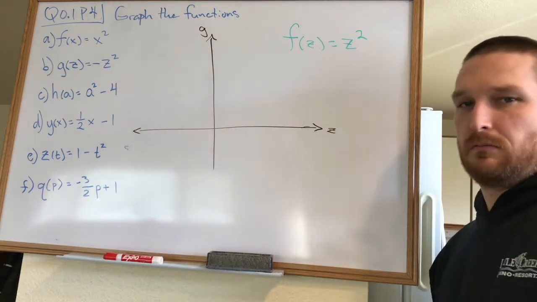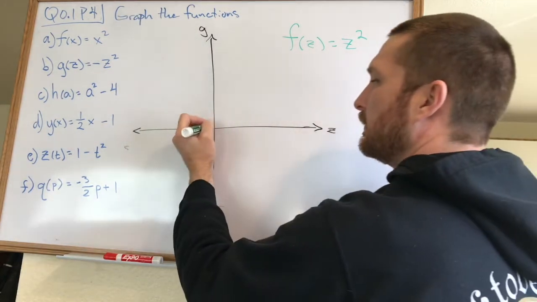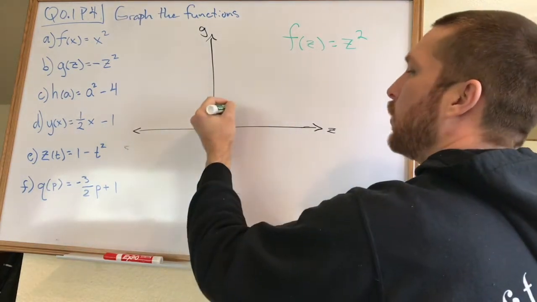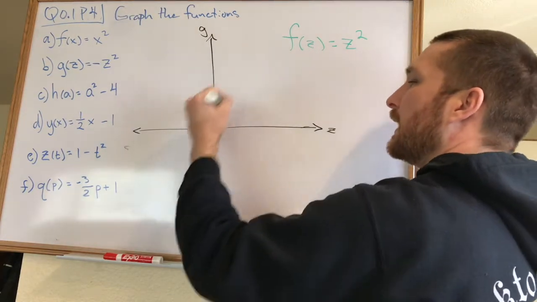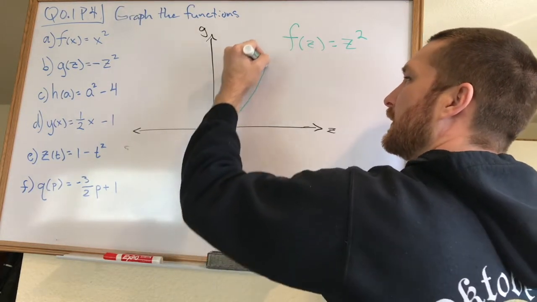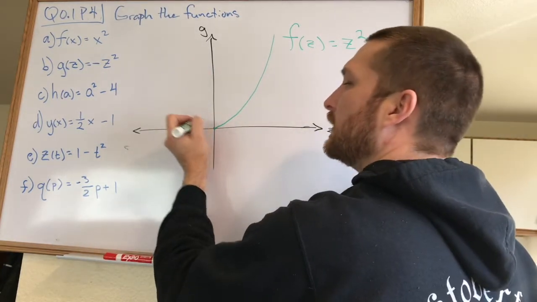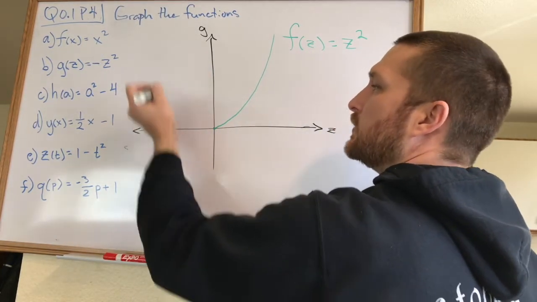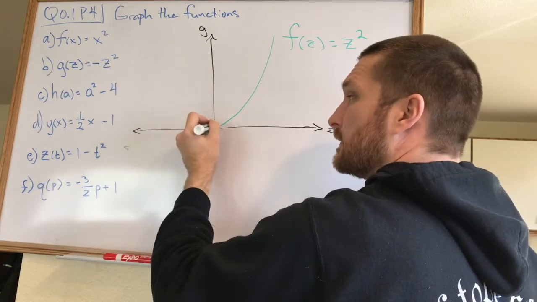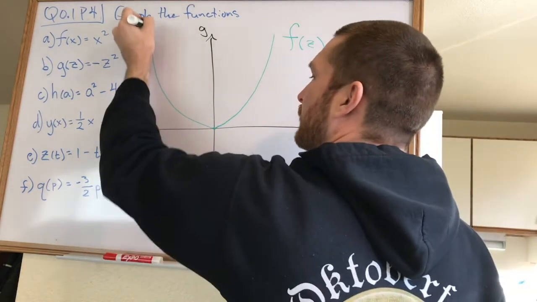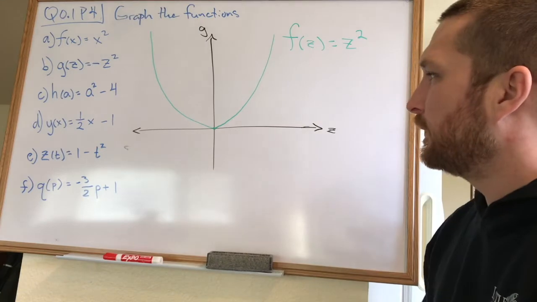Same exact picture, nothing's different, right? When I plug in a 0, I get out a 0. Plug in a 1, get out a 1. Plug in a 2, you get out a 4, and it does something like this. Same thing on the other side. Plug in a negative 1, you get out a 1. Plug in a negative 2, you get out a positive 4. And so we end up with that kind of picture.